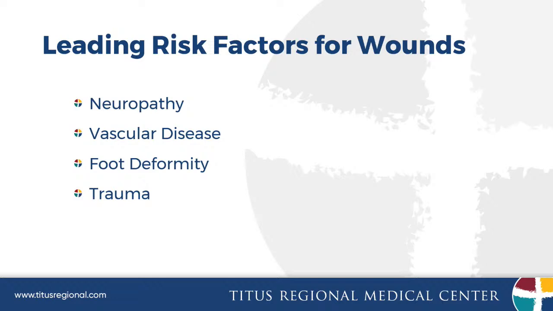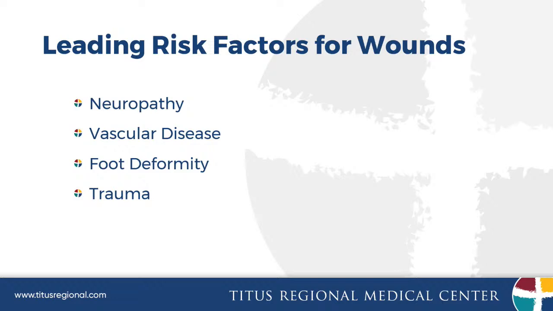Neuropathy, deformity, and trauma have been present in 63% of diabetes foot ulcer cases. Neuropathy was the most important component causing foot ulcers, and poor circulation is second most in leading causes for ulcers. I want to say something very positive, which is 80% of foot ulcers are potentially treatable.